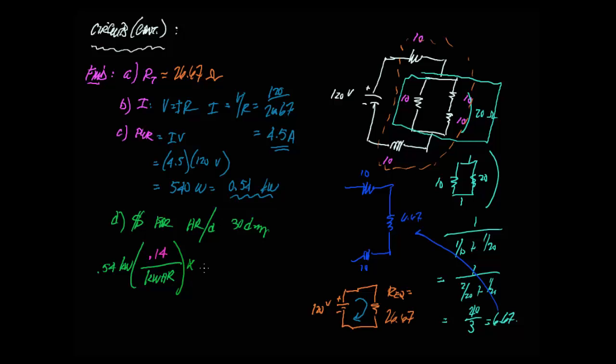It's going to be times 1 hour per day, 30 days. And if we take 0.54 times 0.14 times 30, it'll tell us that the cost would be $2.67-ish to run that.